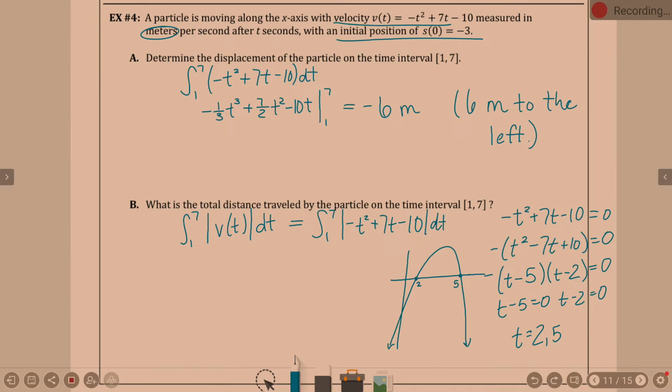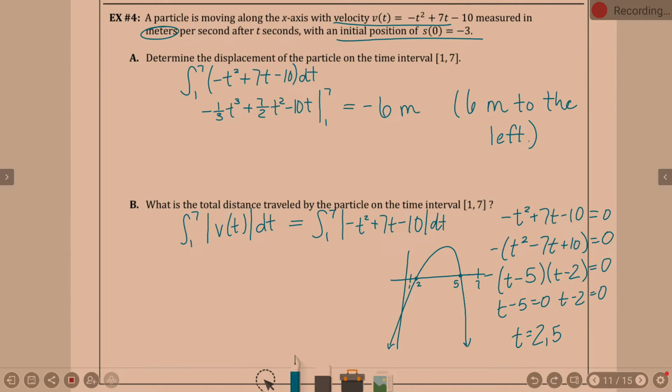But what interval are we on? We're on the interval from 1 to 7. So we really have to go from 1 to 7. And this has the tagline of not drawn to scale. But here's the deal. What are the intervals I'm going to have to break this integral up into?